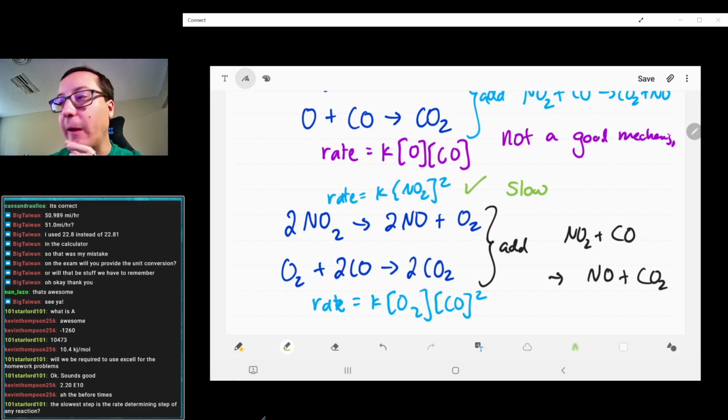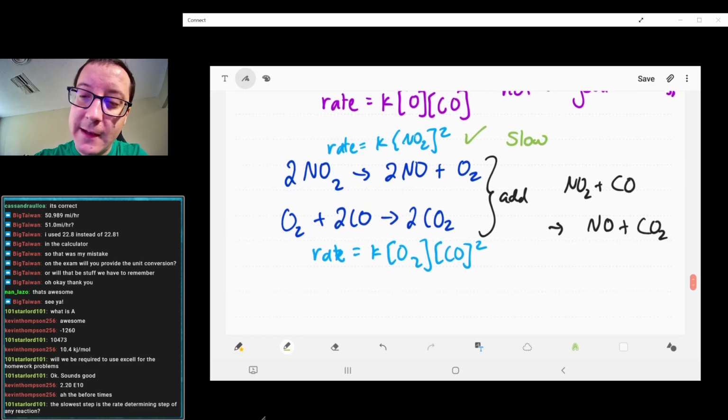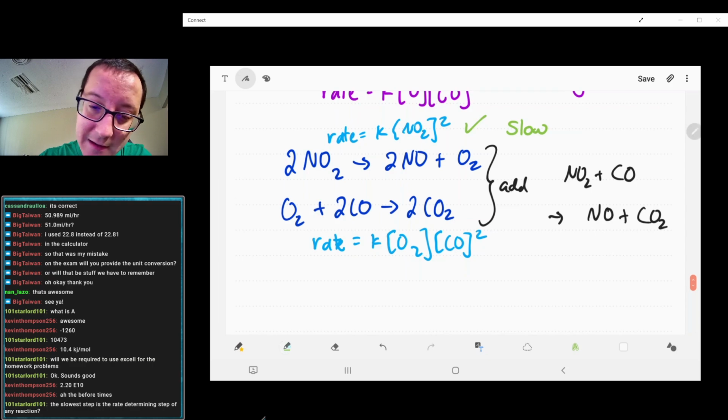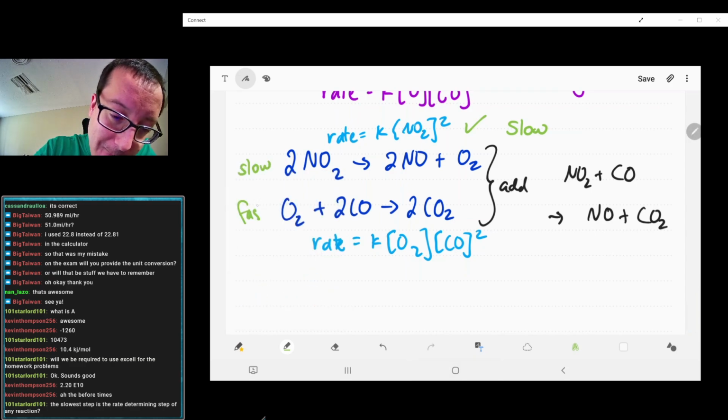So with these, I'm not going to be asking you to come up with mechanisms. We're just going to be evaluating mechanisms and saying, hey, does this fit the data that we're given? We'll go into it more, but this tells us overall that if this was our mechanism, we would have the slow step be that first step, and our second step would be a faster one.